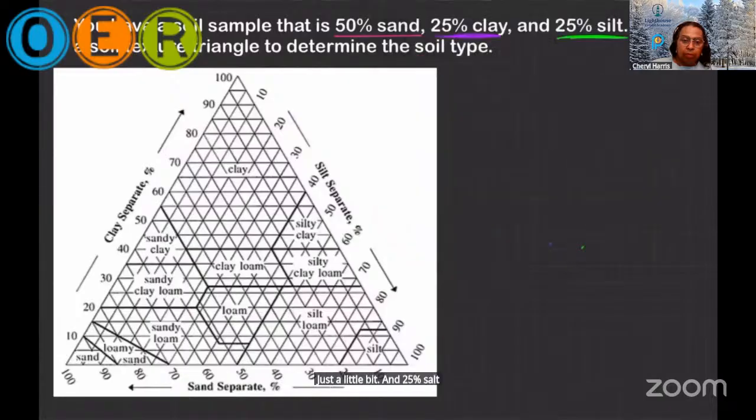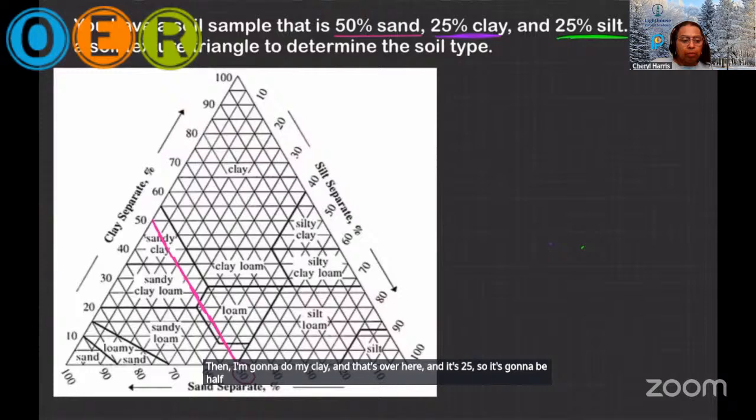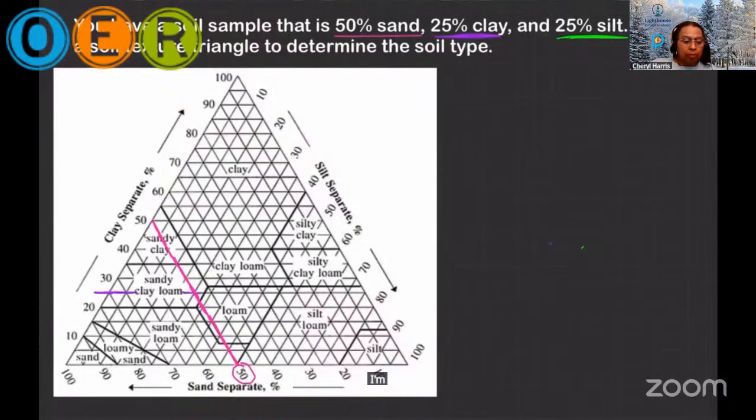Okay, so I'm going to start with my sand, and I'm going to go 50%, and I'm going to move up here like this. And I'm just going to draw a line across because I don't really know where they're going to meet. Then I'm going to do my clay, and that's over here, and it's 25, so it's going to be halfway between 20 and 30. And since these are horizontal, I'm going to just go like this.